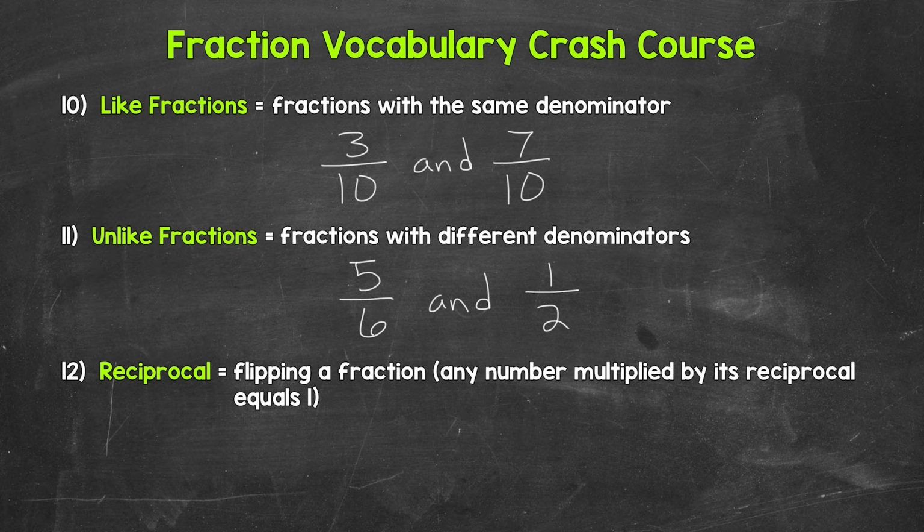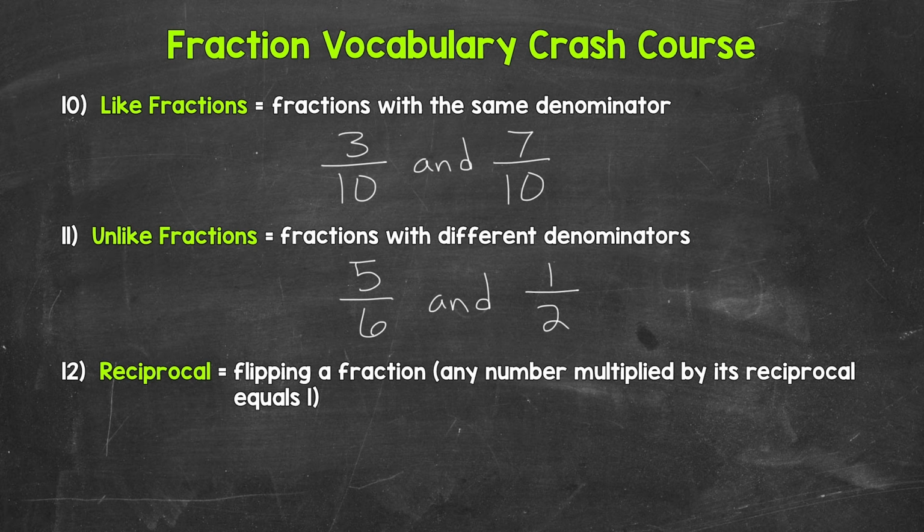So to go off of this, for example, if we hear adding fractions with like denominators, we know that we are adding fractions with the same denominator. And then if we hear adding fractions with unlike denominators, that means we are adding fractions with different denominators.